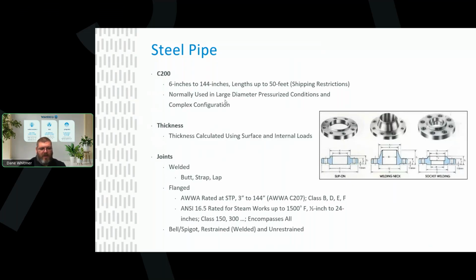You can have it with bell and spigot types. And there's a lot of things that go into specifying how this pipe is used. So in my opinion, this is probably the most customizable, but also requires some of the most engineering effort to get it designed appropriately.